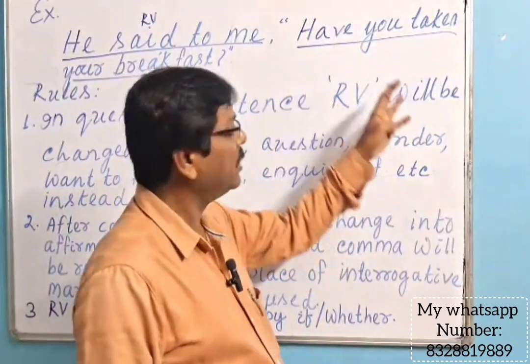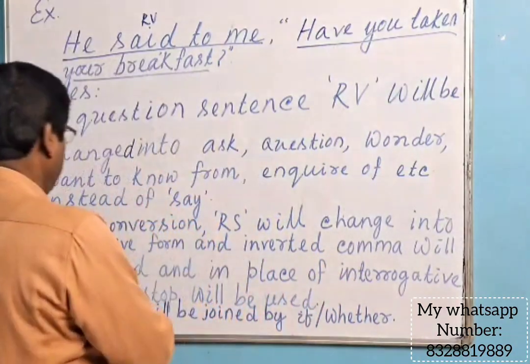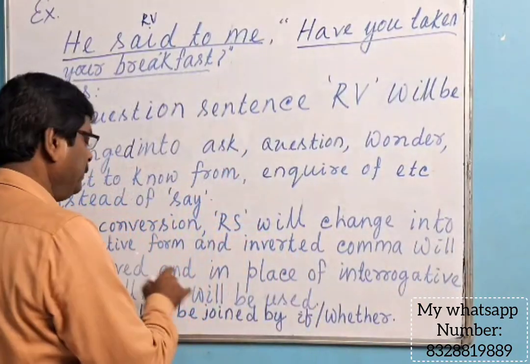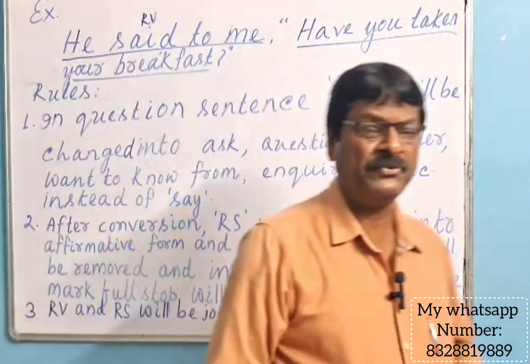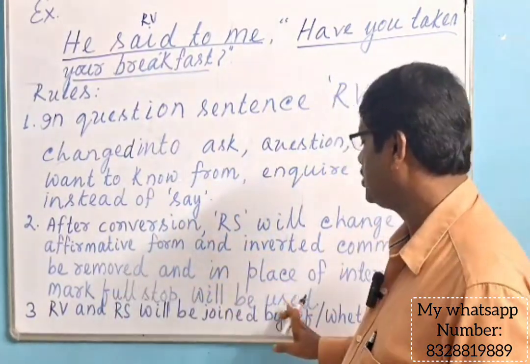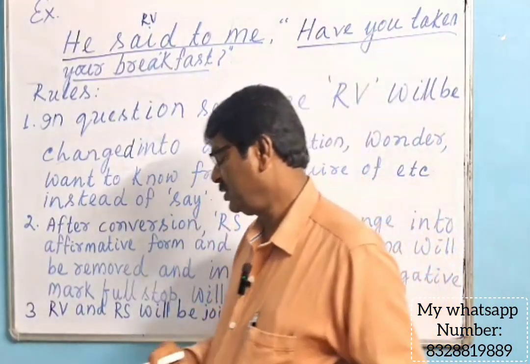Which means it is in question form, and it will be changed into affirmative form. And the inverted commas will be removed, and in place of the question mark, what will be used? Instead of the question mark, at the end of the sentence, a full stop will be used.